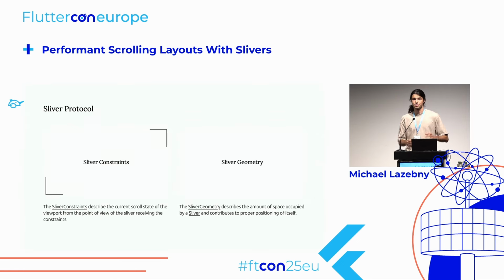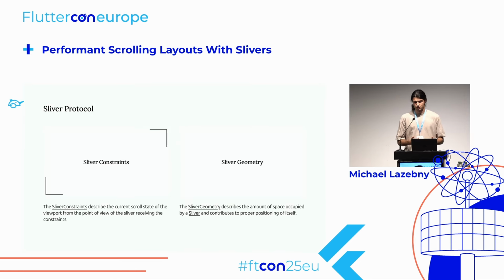They contain the current scroll state, for example, how far the user has scrolled, the actual dimensions of the viewport, the expected remaining height beneath this sliver, how big a part of the sliver is actually visible, and so on. All this data makes it possible for a sliver to decide how to paint itself correctly.